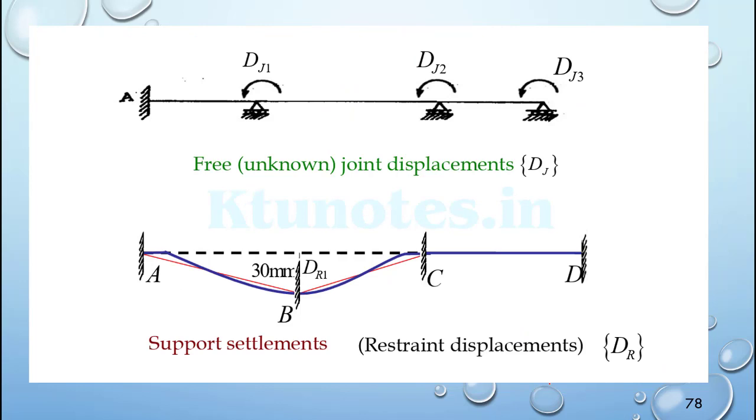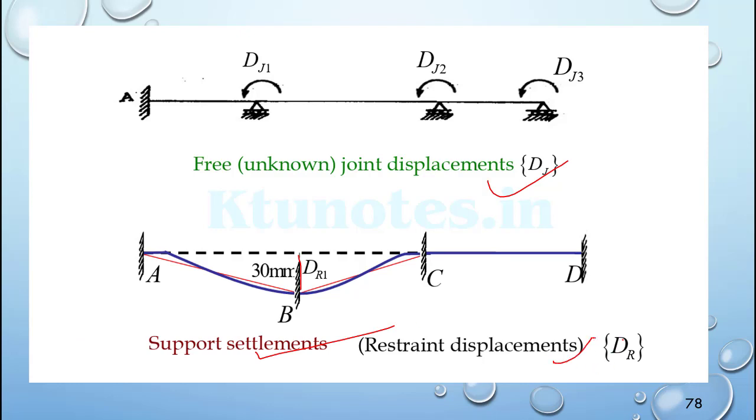And the free unknown joint displacements dj happen at the points B, C, and D, and the support settlement is also given for B, which is 30 mm. This is a restrained displacement.